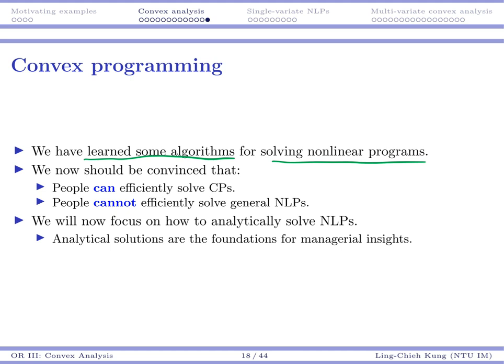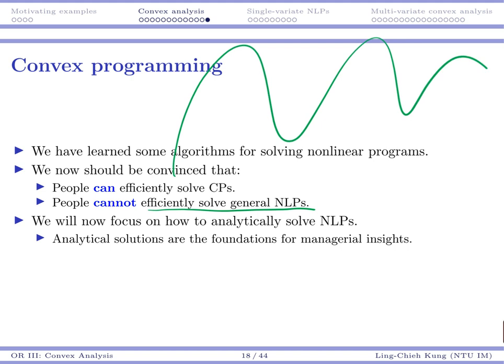But now we should be convinced that we may efficiently solve convex programs, because they have nice properties: a local minimum is a global minimum. So searching for a local minimum is not too difficult. Even if you have a lot of constraints, as long as it's a convex program, it's fine. On the other hand, if you have a general nonlinear program which is not convex, then people really don't have a specific way to do it.